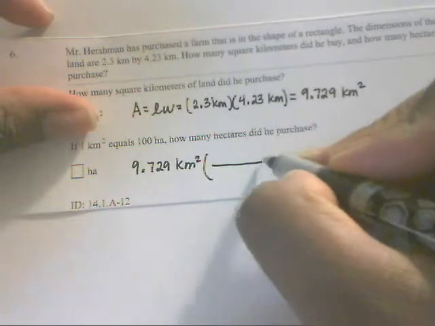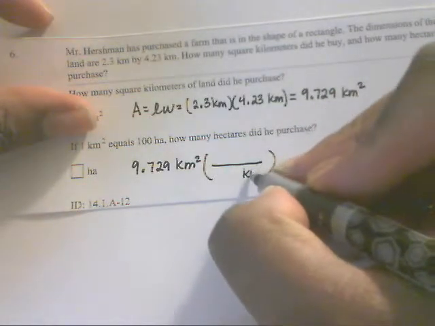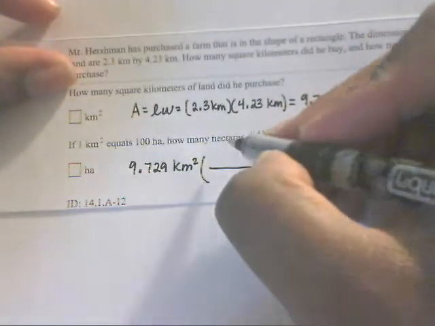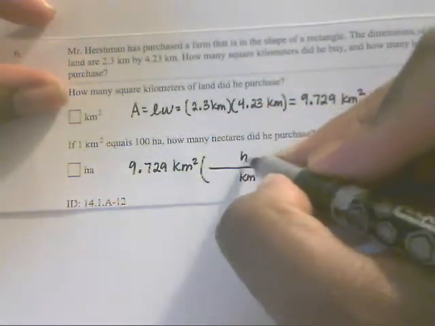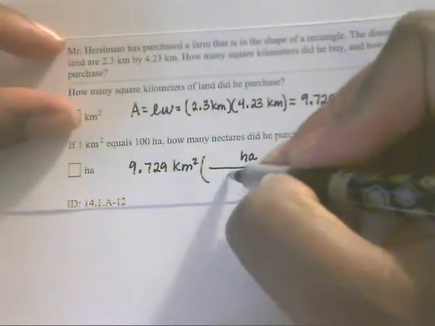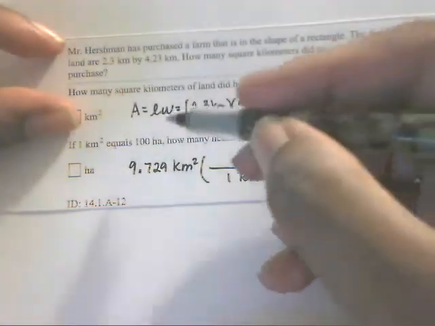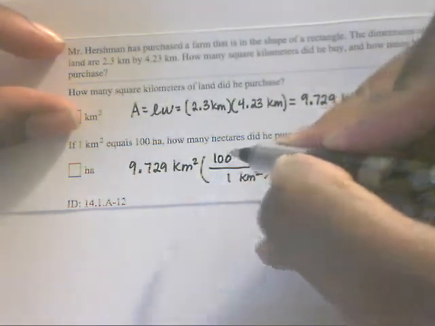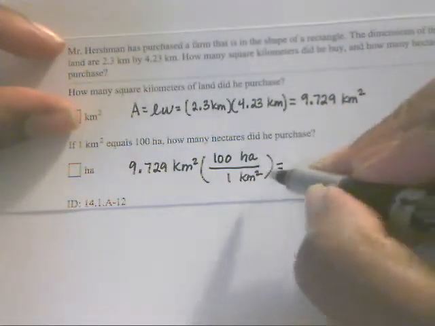That's going to be multiplied by, now we're converting from square kilometers, so the square kilometers goes in the denominator, and we're converting to hectares, so HA, which is the abbreviation for hectares, goes in the numerator. 1 square kilometer, that means the 1 goes in the denominator with the square kilometers, and then 100 hectares, the 100 goes in the numerator with the hectares.